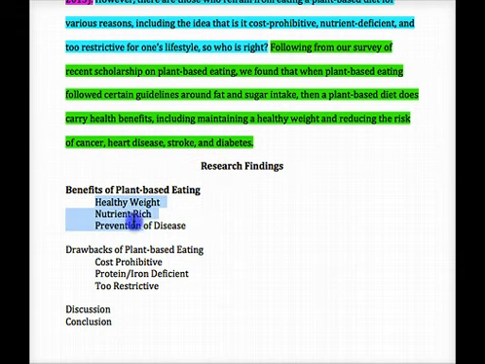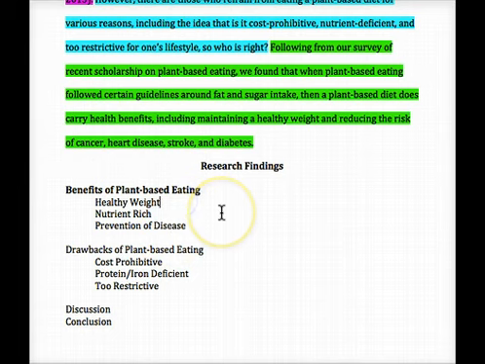And then I've summarized 3 key points from my research. So I might mention articles in each of these sections. So healthy weight, nutrient rich, and prevention of disease were the 3 main points that I found in my research.